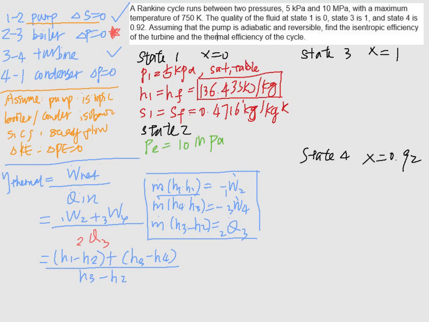So that means S2 is equal to S1, which is 0.4716 kilojoule per kg K. From this value, we can find H2, which is 146.93 kilojoule per kg.